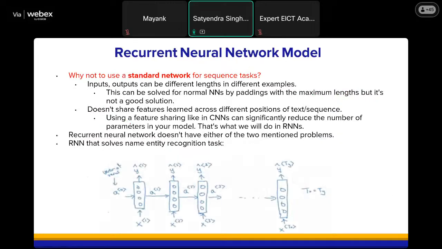So how does an RNN work? We had already discussed why you should not use a standard neural network for sequence tasks, and there are various problems with it.